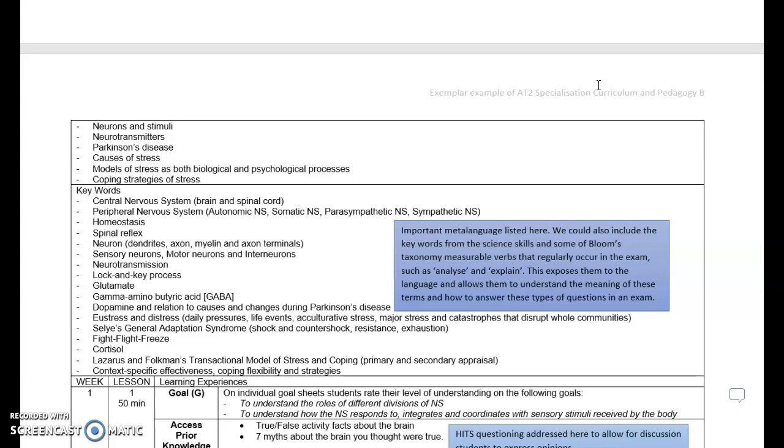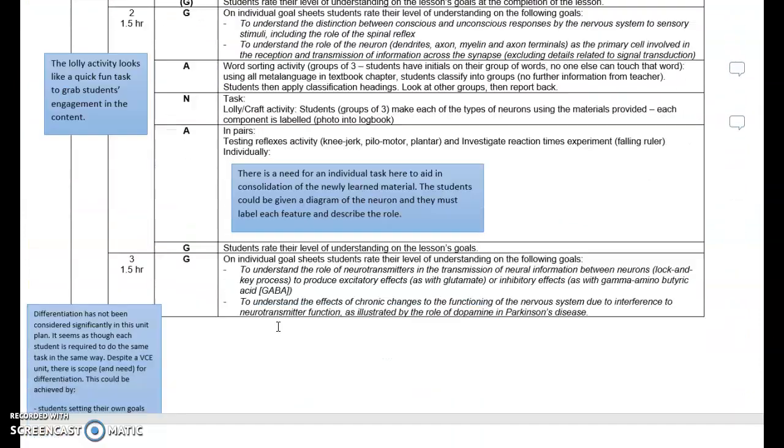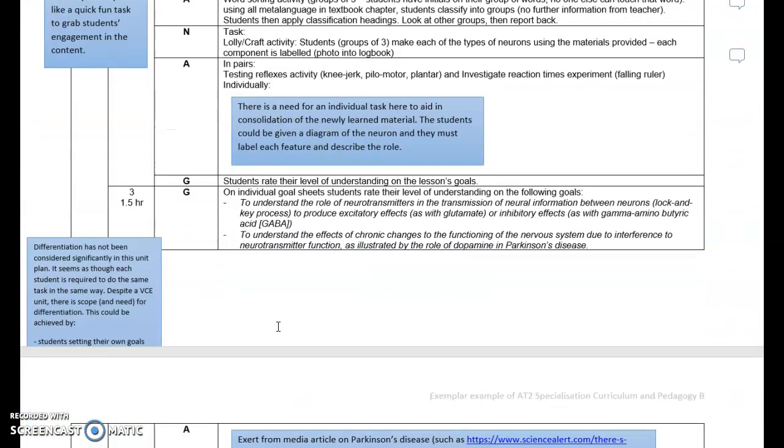Some of the keywords from there could be featured, as well as the Bloom's taxonomy verbs that occur in exams, such as analyse and explain, because students need to understand the meaning of those terms and how to answer these types of questions. So I've written that there, okay? And you'll see that I've mentioned HITs here, and I've highlighted some scaffolded learning, okay? And you can see all of these in the exemplar.